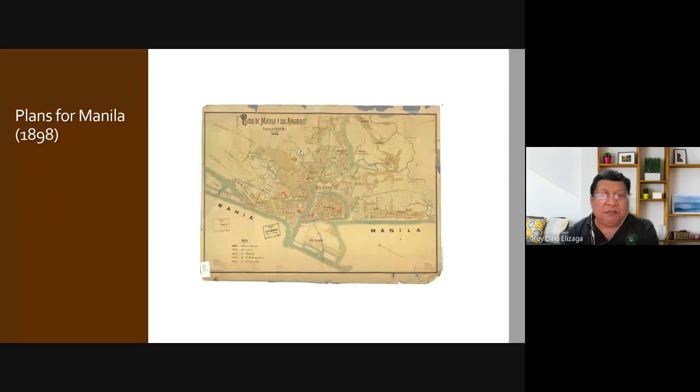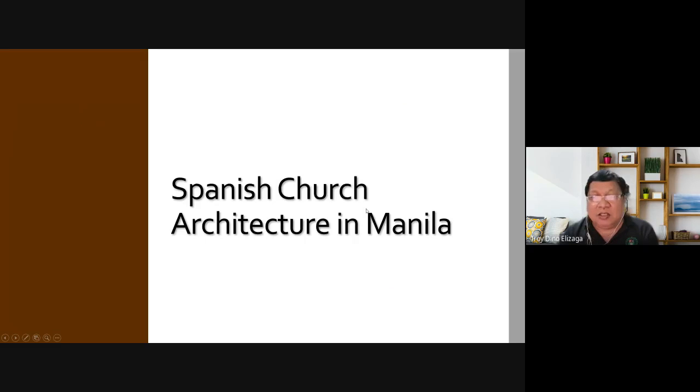We will skip a lot of this. The plan for Manila: the city used to be just Intramuros, so it's walled and designed by the Spaniards. But the extensions all around it, this one is still part of the Spaniard extension, but much later it was Burnham who really planned it.